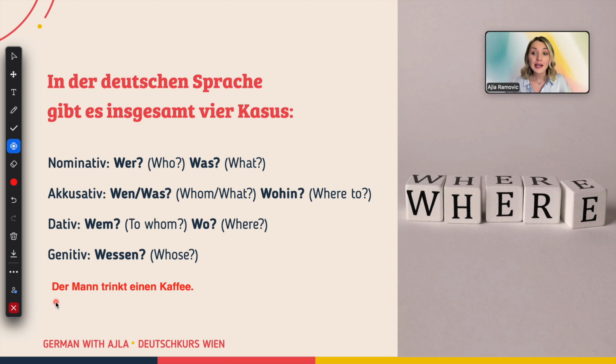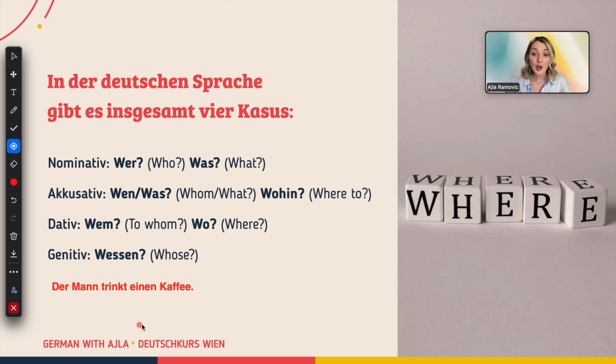Der Mann is answering the questions wer oder was, who or what is doing the activity, who is drinking the coffee. Therefore, der Mann, the man, is the subject of the sentence, and of course, the subject is always in nominative.